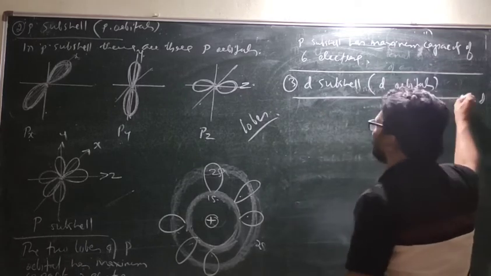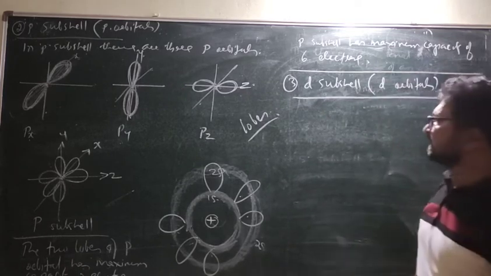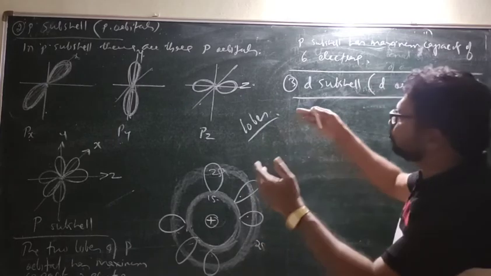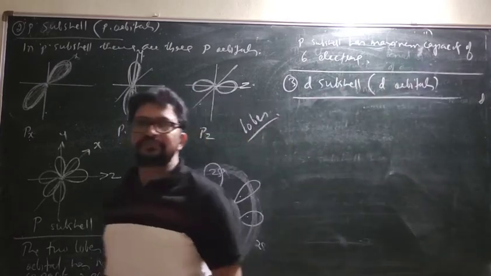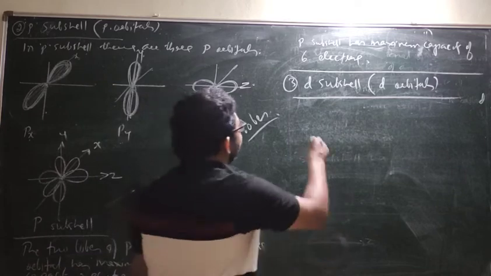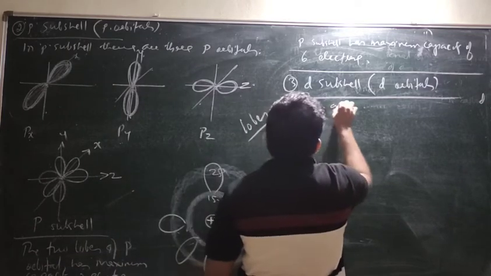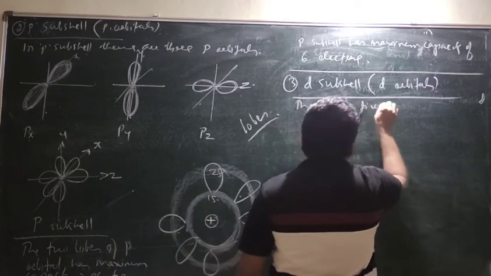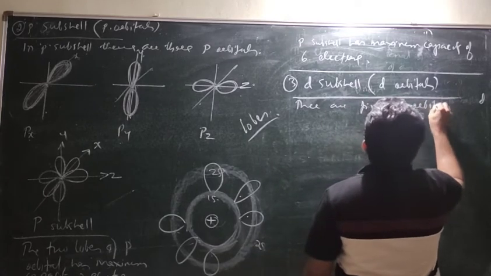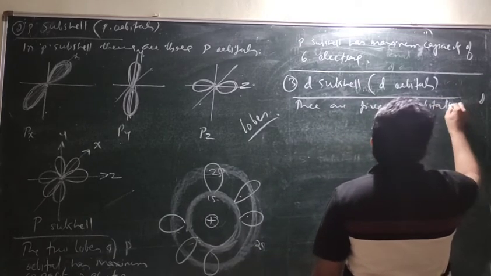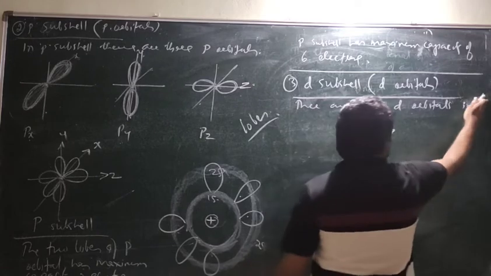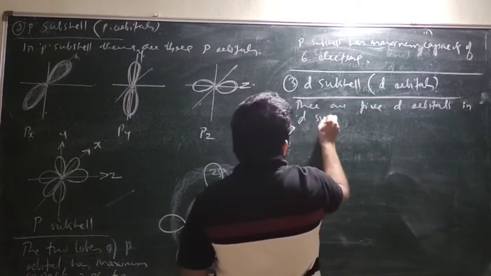See, d orbitals have further complicated shapes. That is, it is having four lobes total. There are 5 d orbitals in the d subshell.